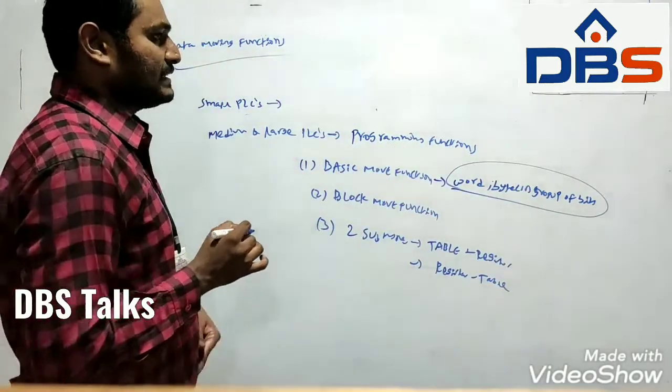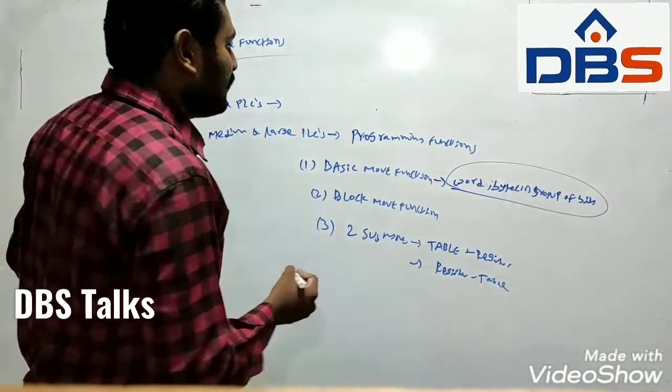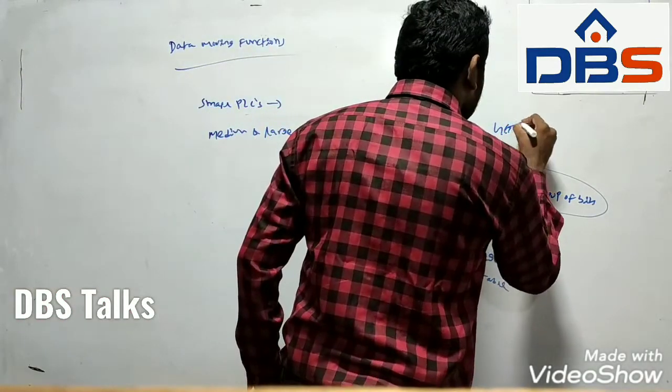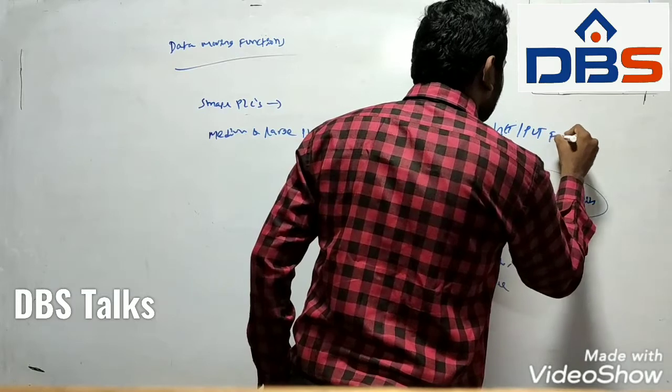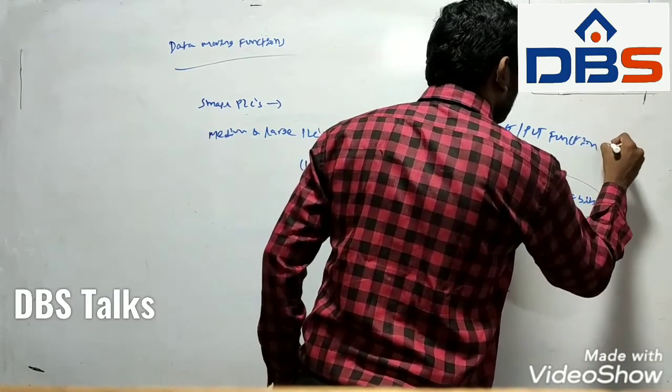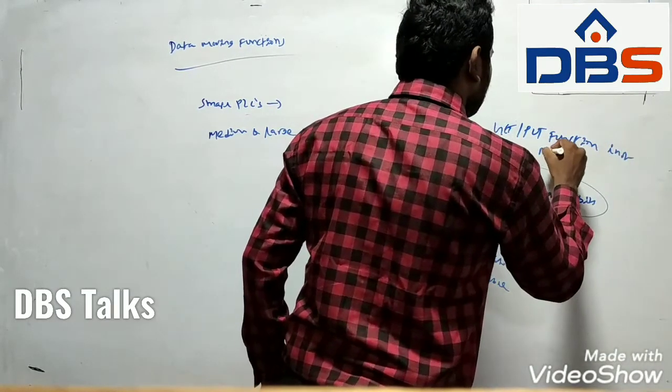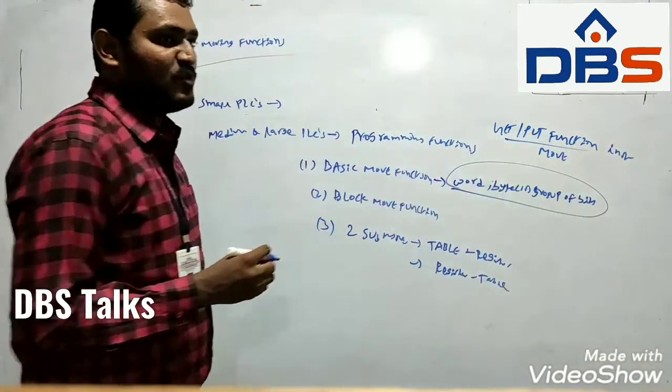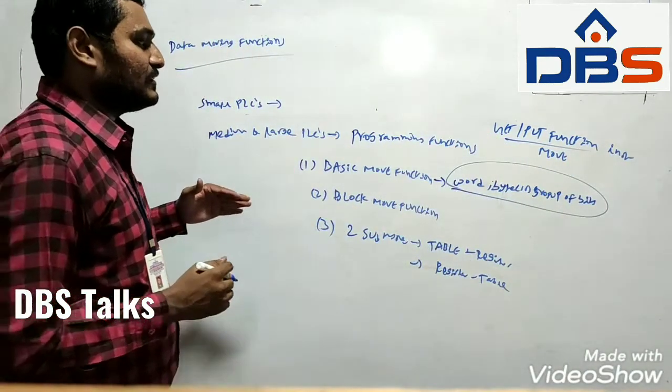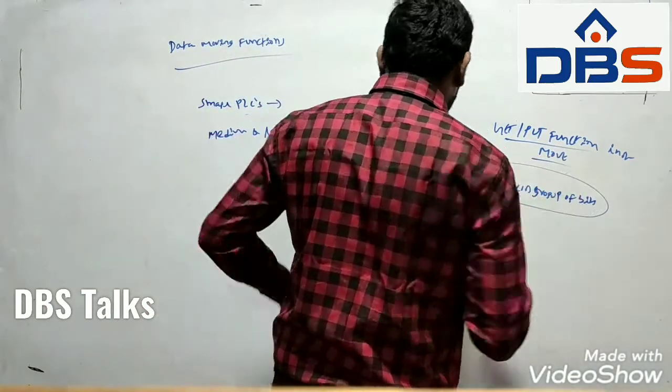That is the basic move function. In some PLC systems we use get or put functions instead of the move function, but in this case we are using only the move function.